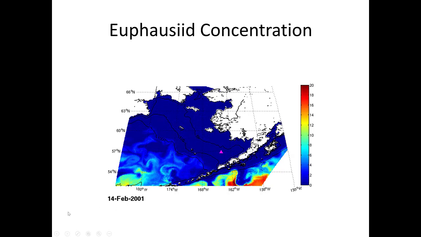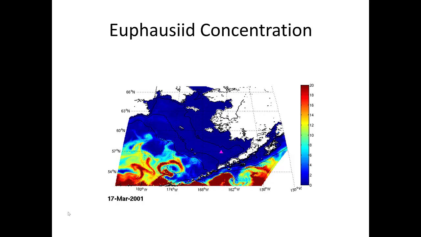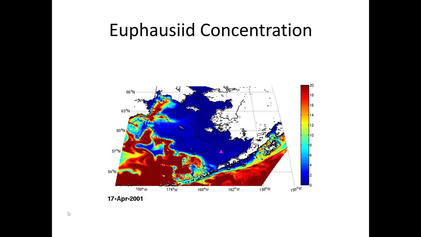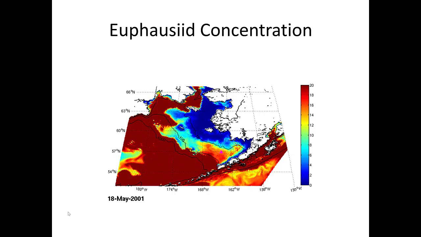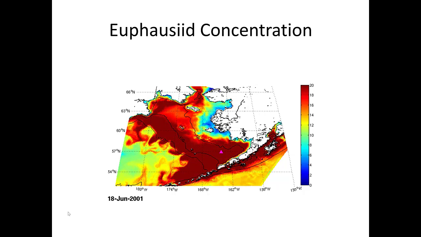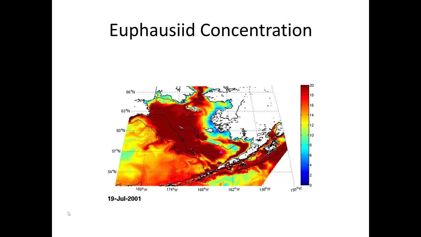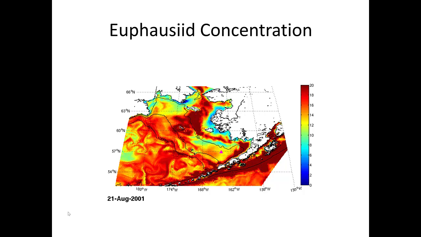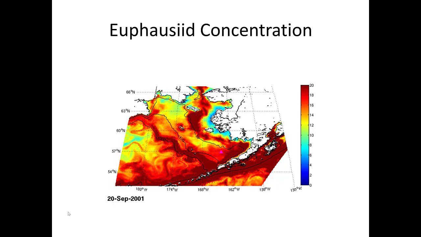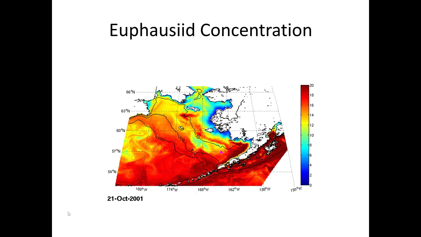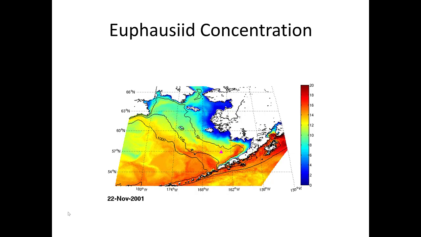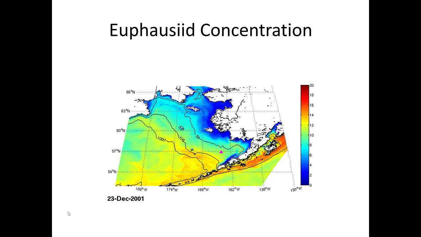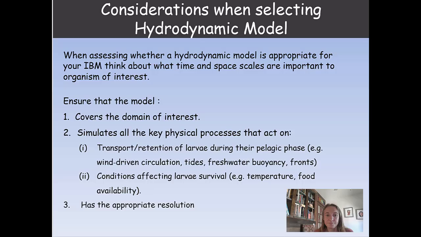So this was simulated on about a 4-kilometer resolution hydrodynamic model, and then we had equations that described our nutrient, phytoplankton, zooplankton concentrations, and this is what we simulate the euphausiids to be doing. So you can imagine with this information, you can then add in your individual larvae, for example, and see how much food might be available to them at certain places and certain times.